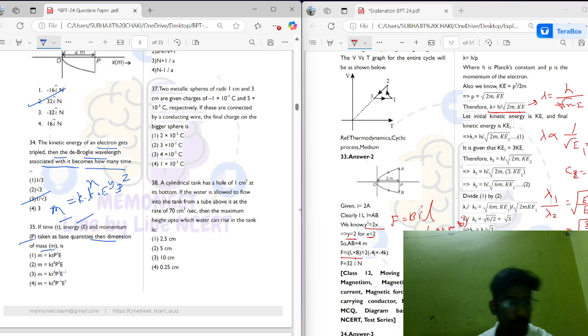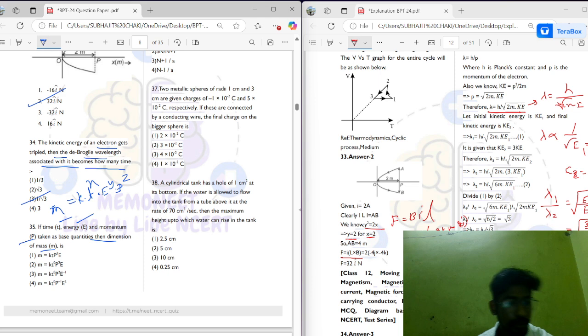N MSD equals n plus 1 VSD. That means 1 MSD equals n plus 1 divided by n VSD. So LC is n plus 1 divided by n VSD minus VSD.